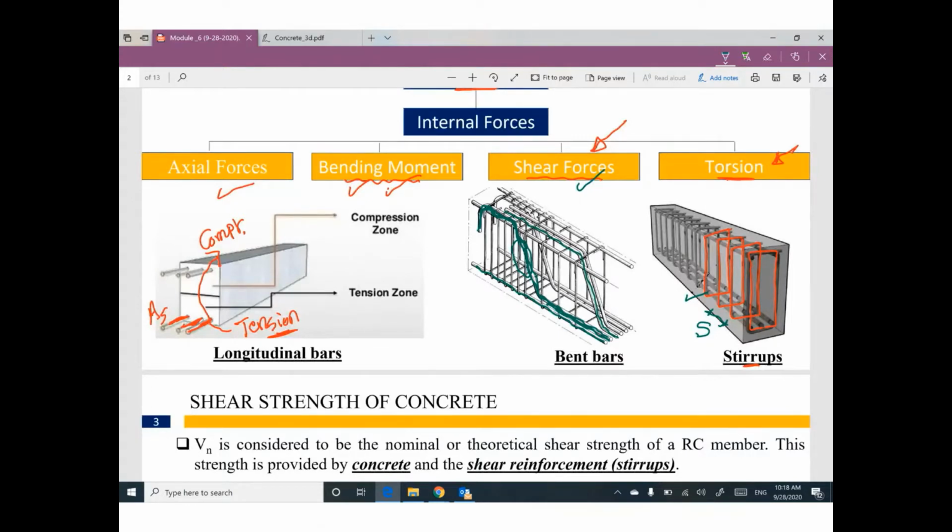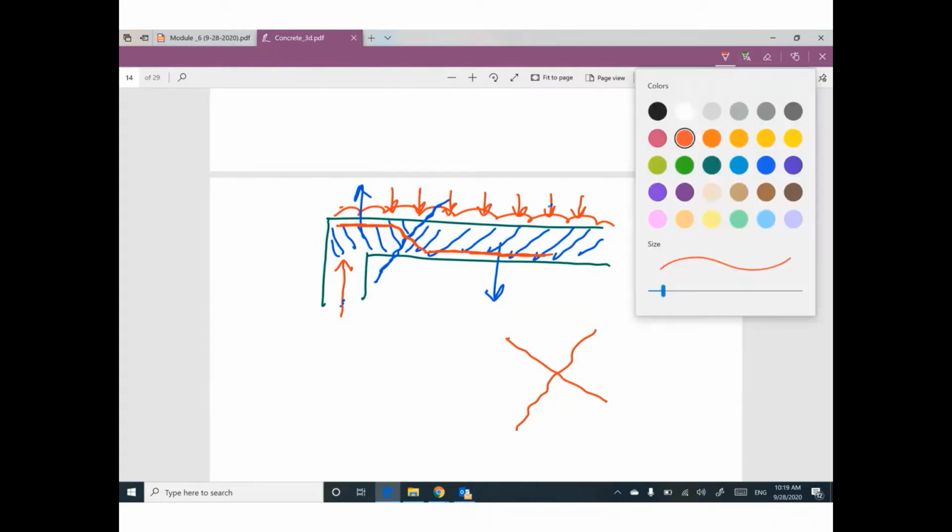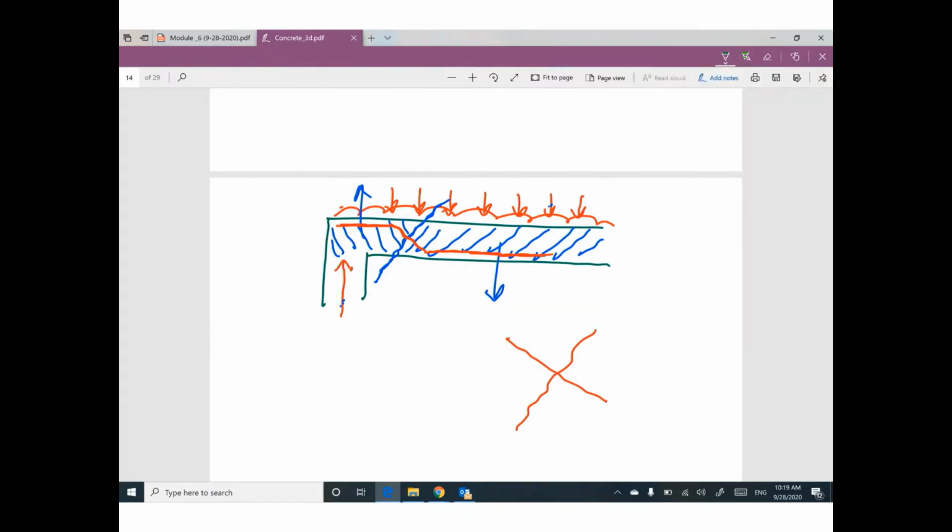The main reason for that: if you have a crack, your reinforcement must be perpendicular to this crack to prevent it. Put it in your mind. If you have a crack in concrete, your steel reinforcement must be perpendicular to this crack to prevent it.